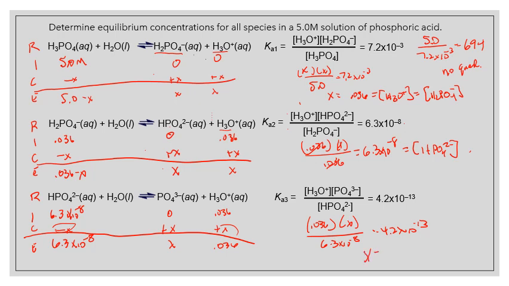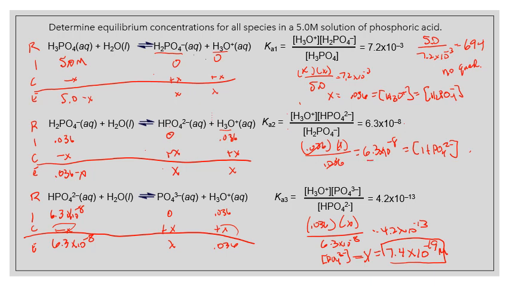The value for x that we would get would be, in this case, 7.4 times 10 to the negative 19th molar for the PO4 3- concentration. So I have 7.4 times 10 to the negative 19th.